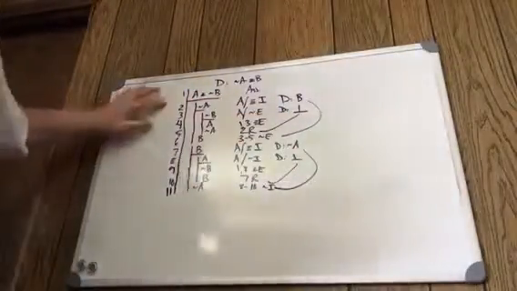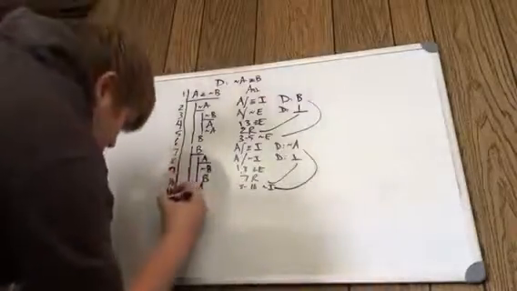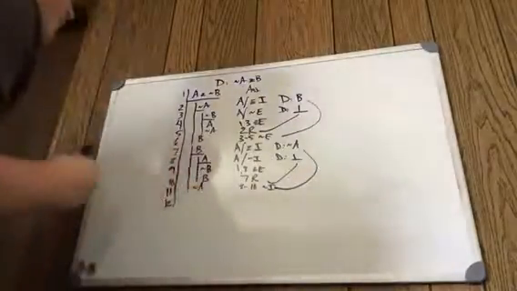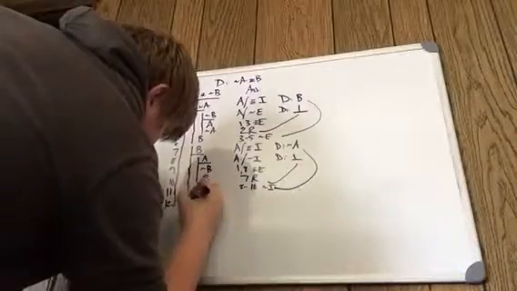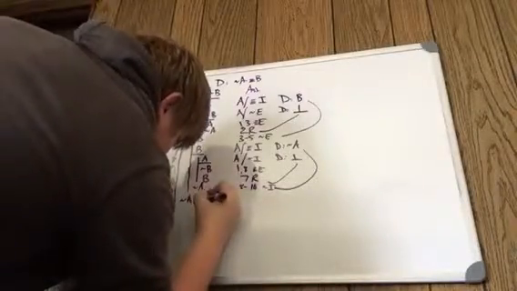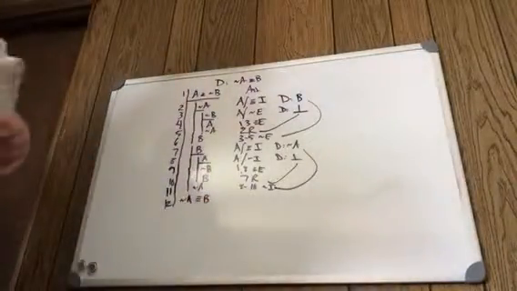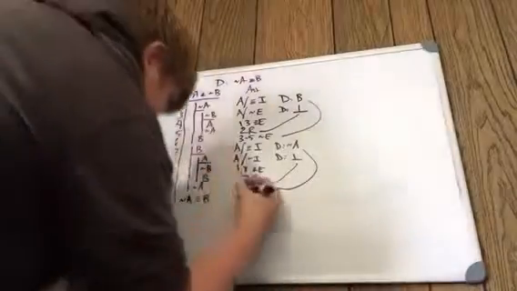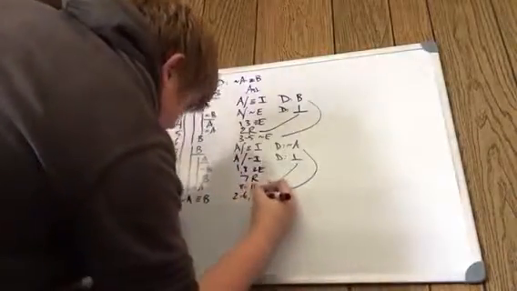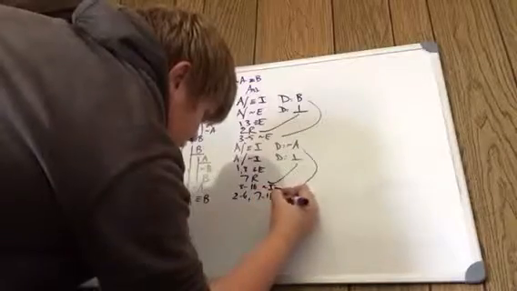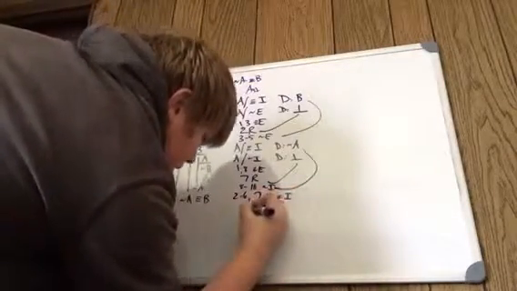And then we can exit out of both of these with tilde A triple bar B. And that's from lines 2 through 6 and 7 through 11, triple bar introduction.